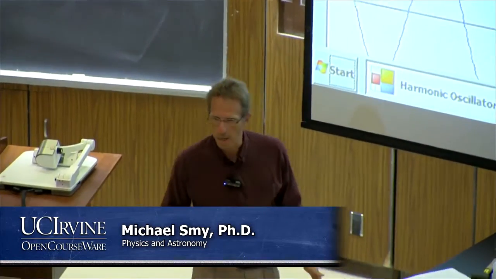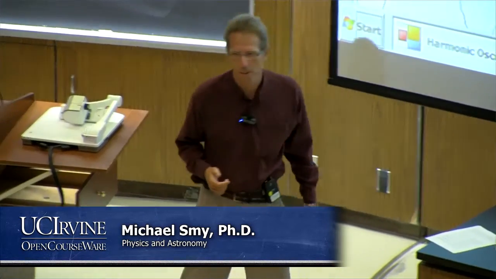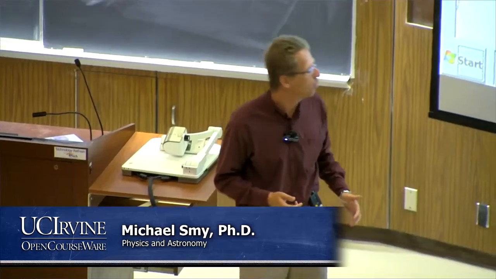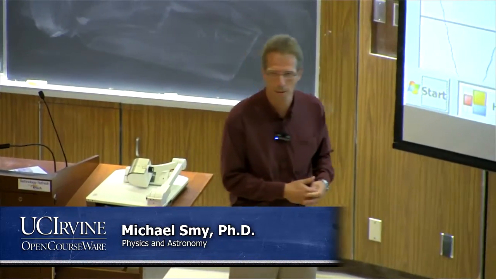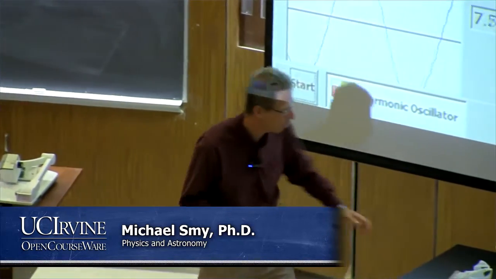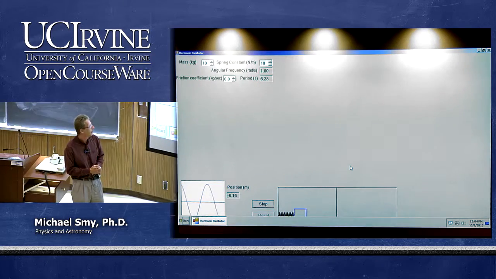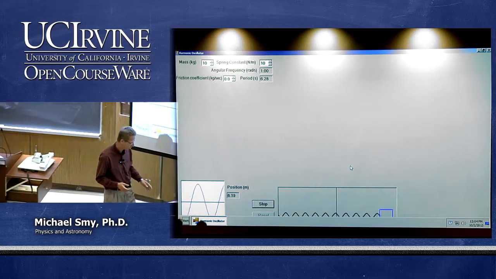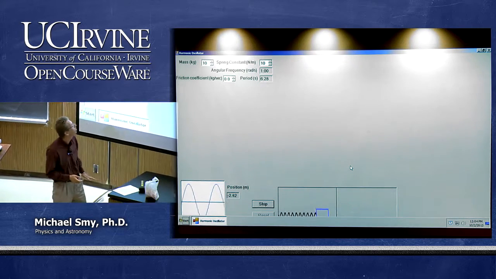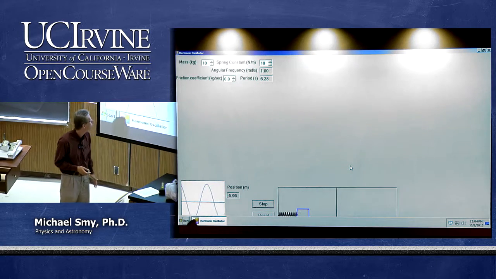So today I want to start with a little demonstration program that Professor Kasper has kindly provided me with to illustrate damped harmonic motion as opposed to simple harmonic motion.